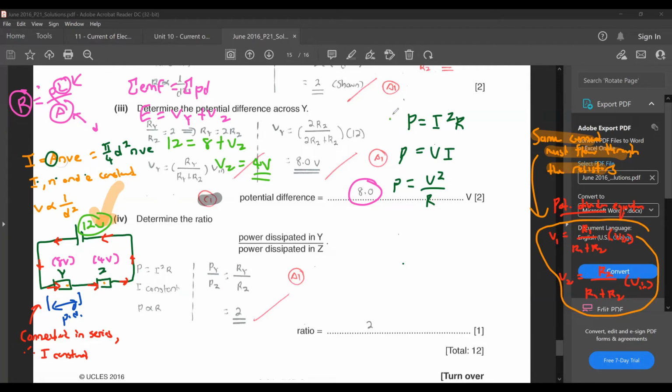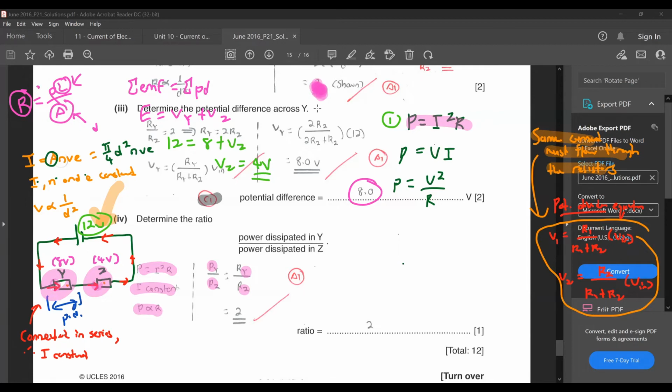But let me go through the first one here, which is P equals I squared R. For both resistors, P equals I squared R applies, but I know that the current is the same. So P is just directly proportional to R. So the ratio of Py to Pz would just be Ry to Rz, which is what you already found in the previous question.